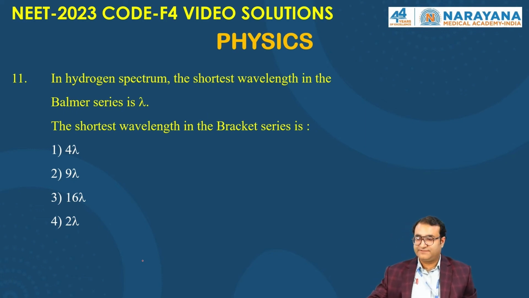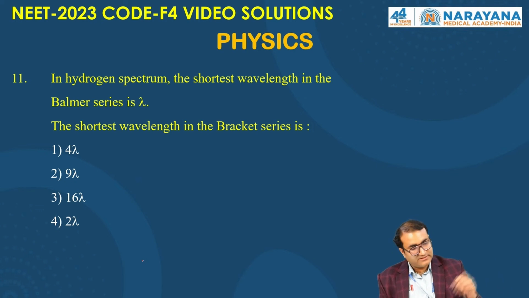In question number 11, hydrogen spectrum. The shortest wavelength in the Balmer series is lambda. For the hydrogen spectrum, Balmer series, we can write 1 by lambda is equal to R into 1 by 2 square minus 1 by infinity square.